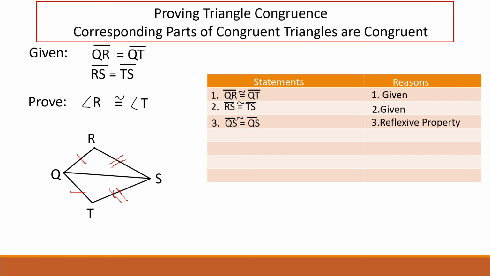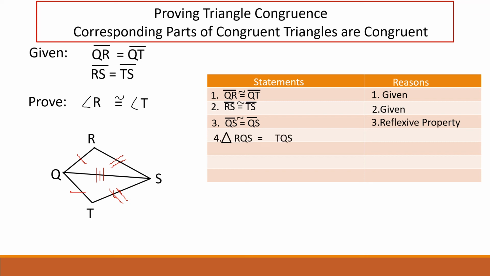Now we have another pair of congruent sides. So we have now side, side, side. Is there any congruence postulate that proves that two triangles are congruent if three corresponding sides are congruent?